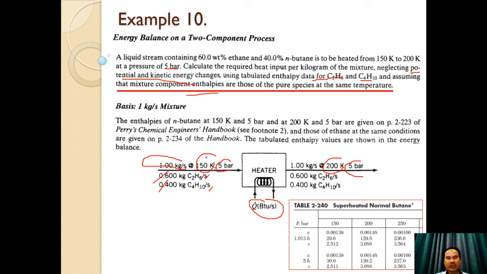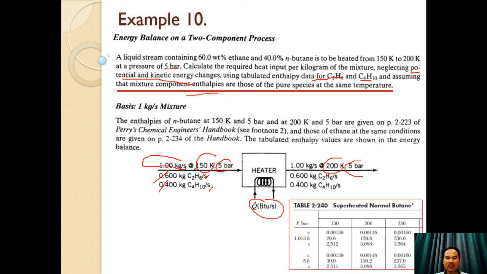You know the temperature and the pressure, so you can calculate the property, which is enthalpy in this case. Assuming continuous flow, mass in equals mass out.